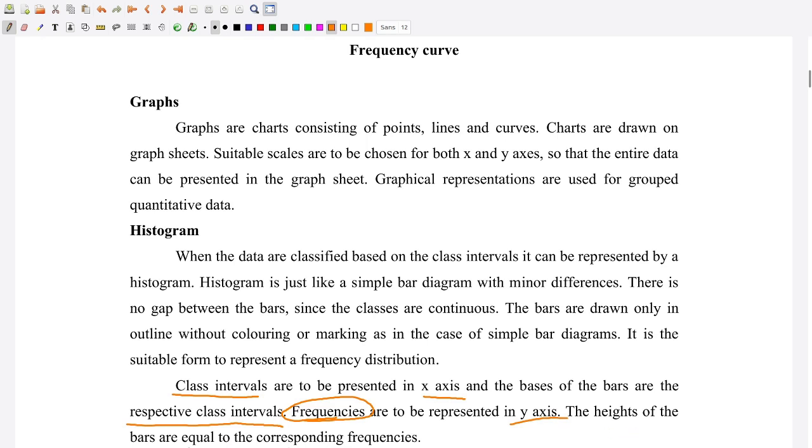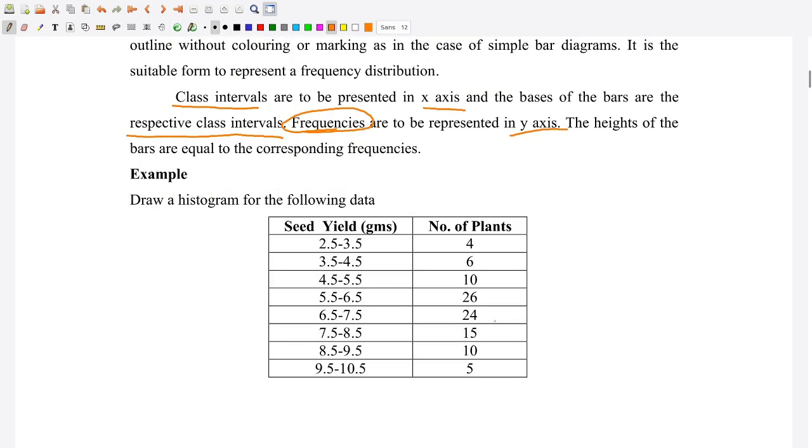The heights of bars are equal to the corresponding frequencies, and moreover there is no gap between the bars because the classes are continuous. One class ends and the other class starts.